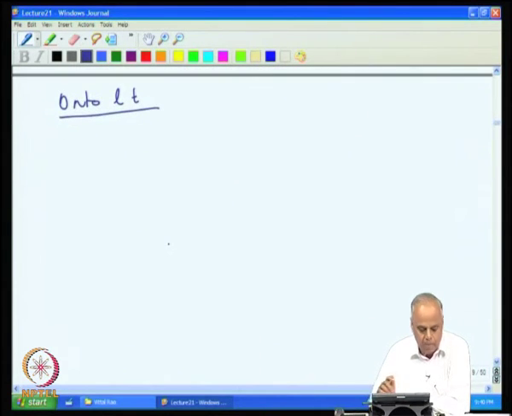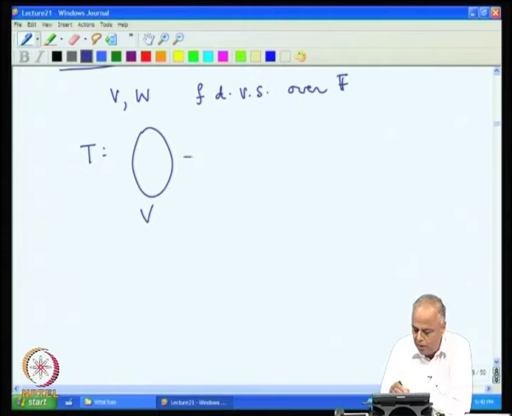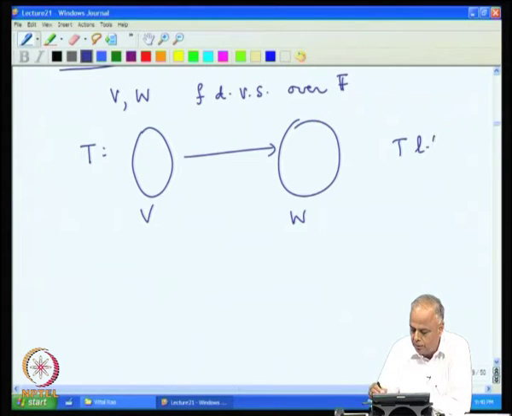What do we mean by an onto linear transformation? Suppose we have 2 vector spaces V and W, finite dimensional vector spaces over a field F, and then we have a linear transformation T which maps V to W.